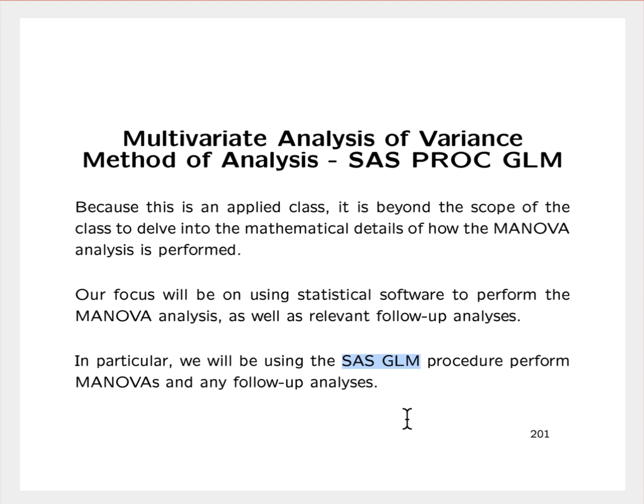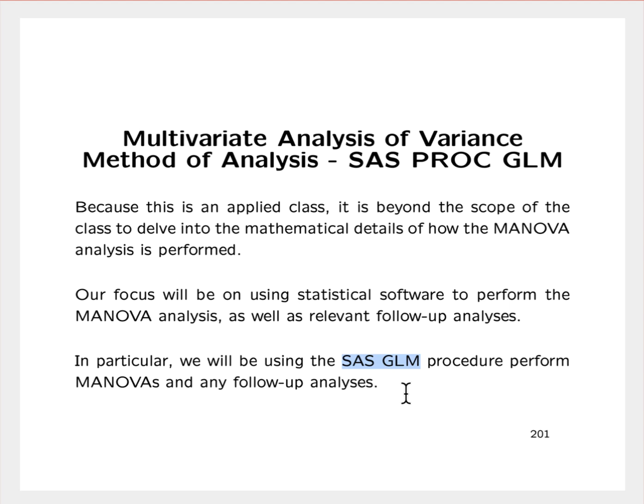any follow-up analyses. Now, this is typically used for analysis of variance, and I would suspect that if you think back to your first two methods classes, you probably did not use Proc GLM for performing analysis of variance, because there are better procedures now, better procs in SAS, like Proc Mixed and Proc Glimix, that allow you to do analysis of variance in situations where you really can't use Proc GLM, for example, mixed models.